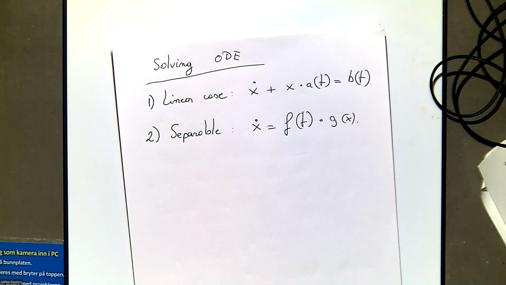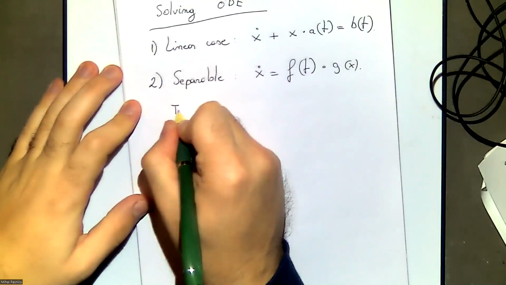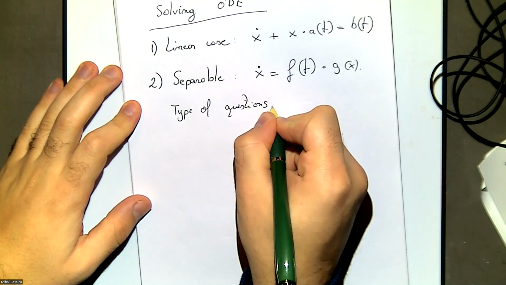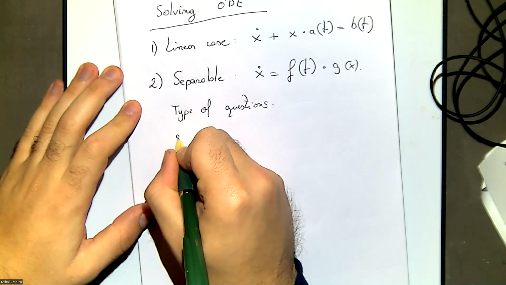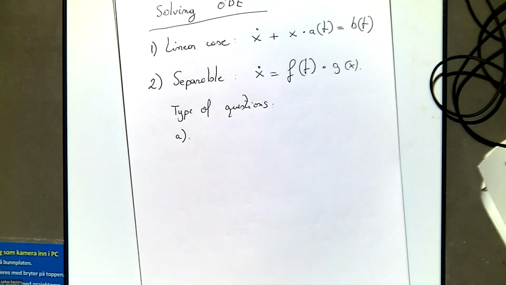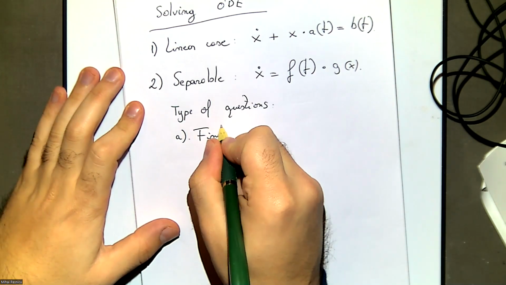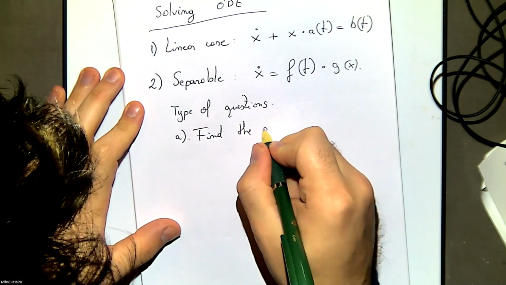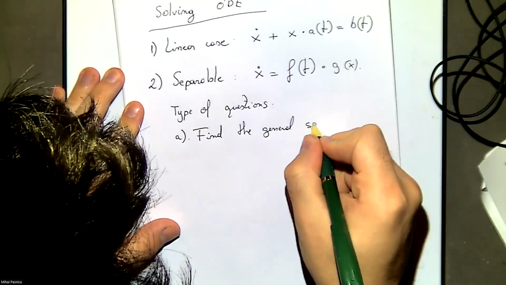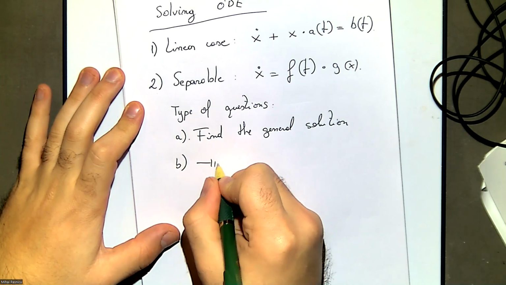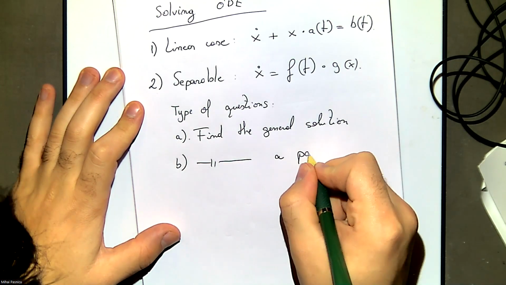And since we're here, I'm going to give you the three types of questions that you can get on ODEs. If you think you're comfortable solving these, then you're good on differential equations. The first one is find the general solution. B is find a particular solution.